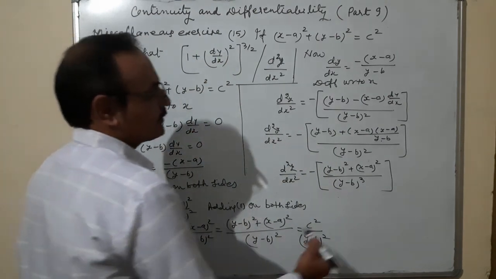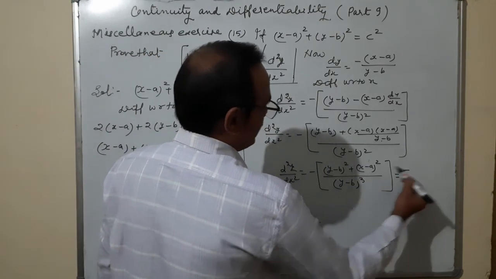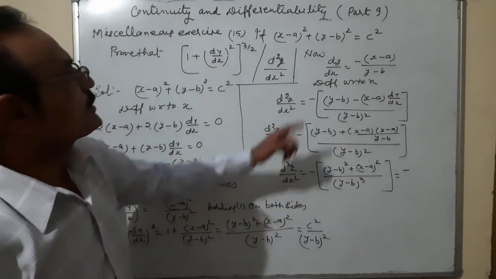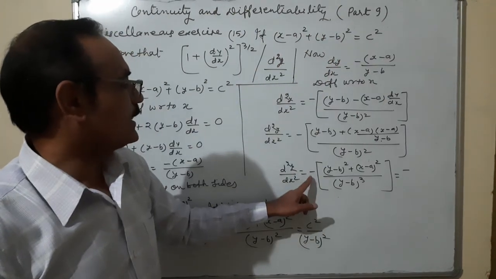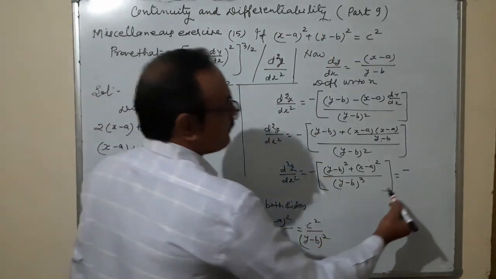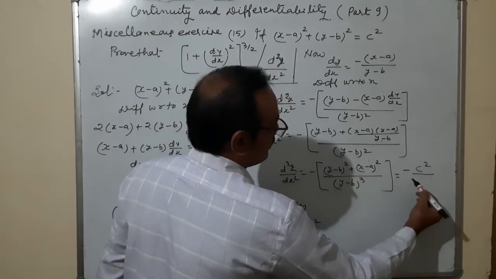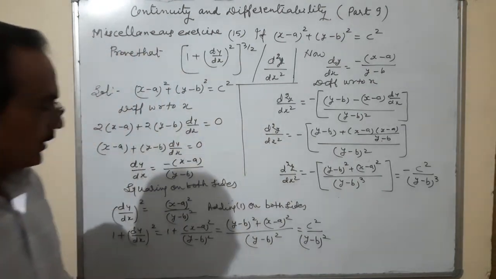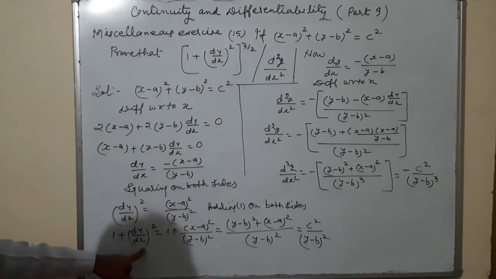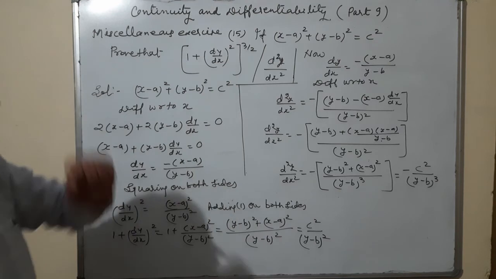And that means minus sign, (y minus b) whole square plus (x minus a) whole square is equal to c square. So I'll write here minus c square upon (y minus b) to the power 3. Is it okay?